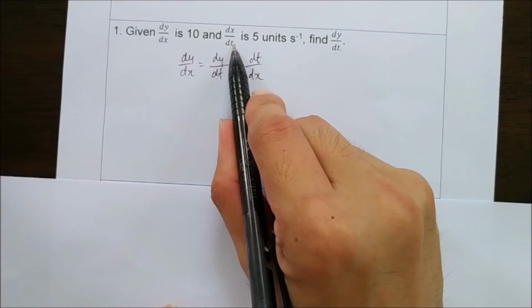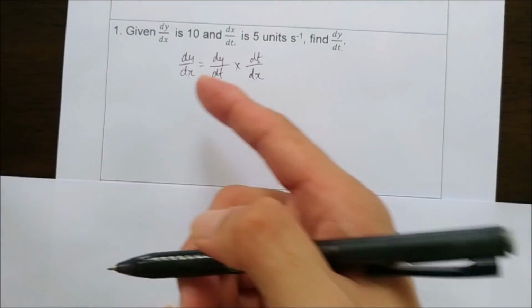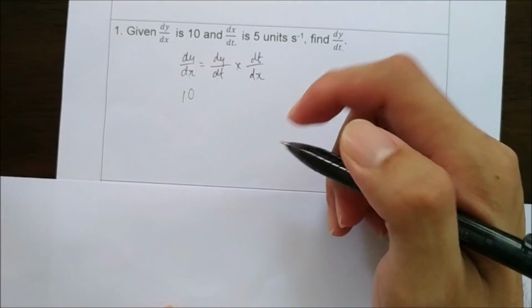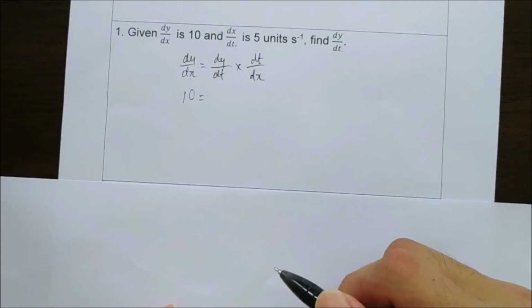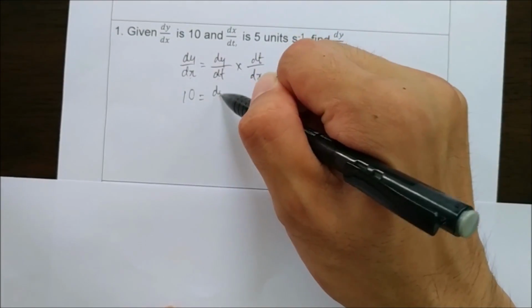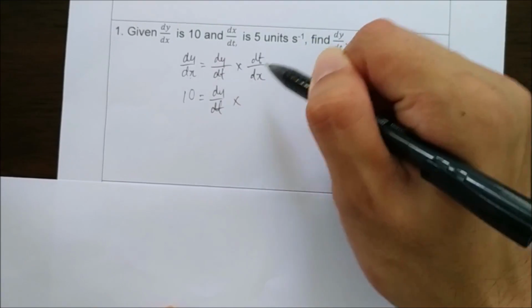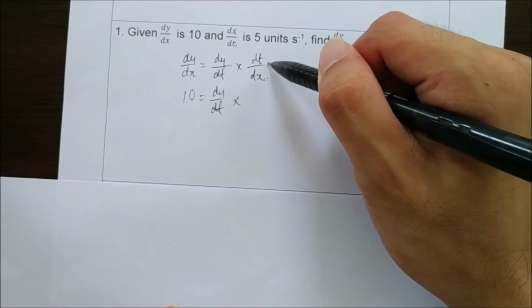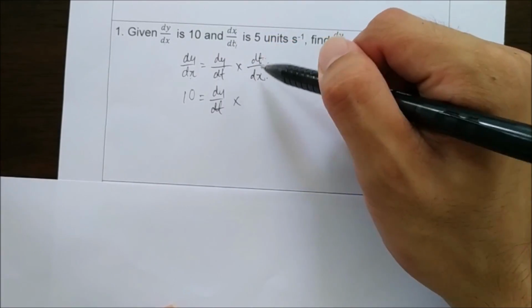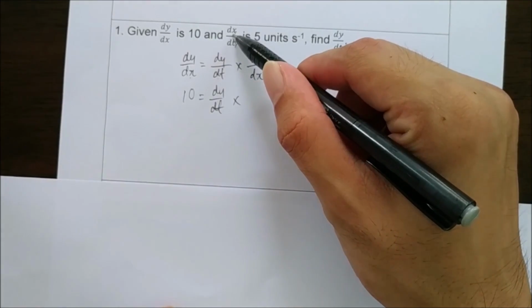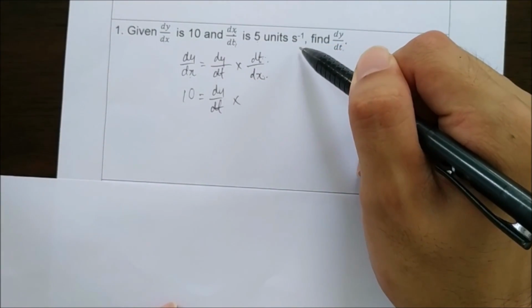In this case it is t. Then we fill in the values. Given dy/dx is 10, this is 10. dy/dt is what we are looking for, so we just rewrite it here. dt/dx is the inverse form of dx/dt, which is given as 5 units per second.